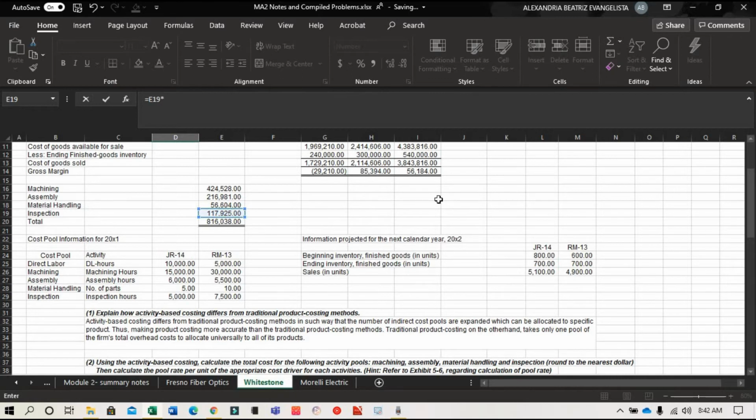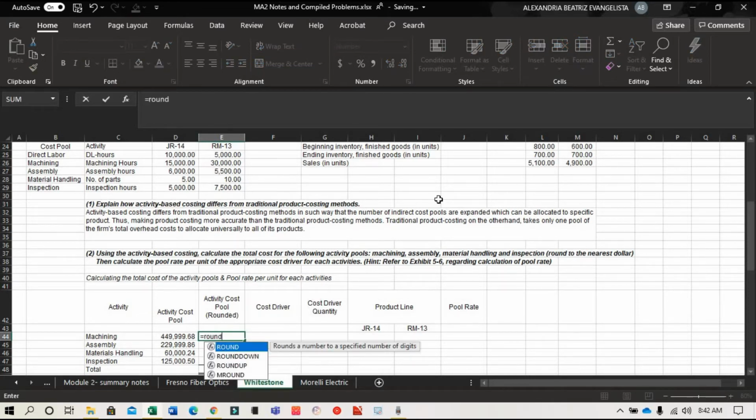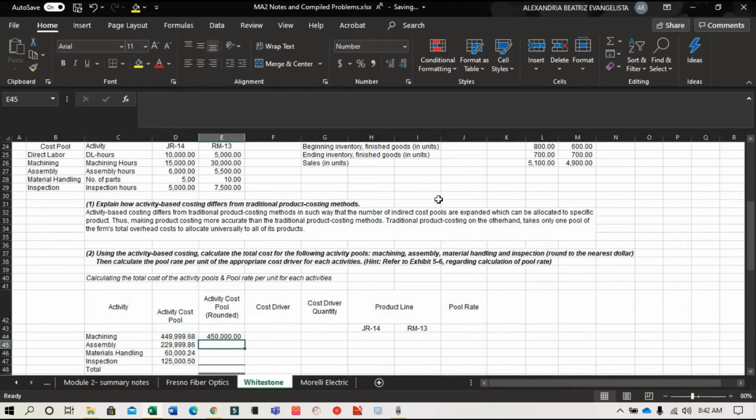If we get the rounded amounts, for machining that would be 450,000. For assembly, that is 230,000.